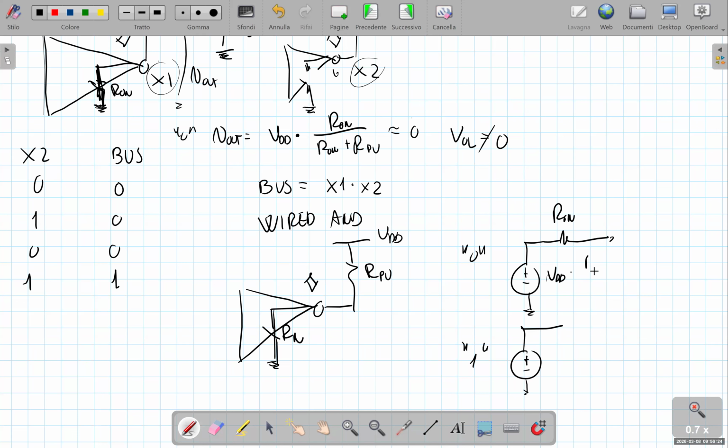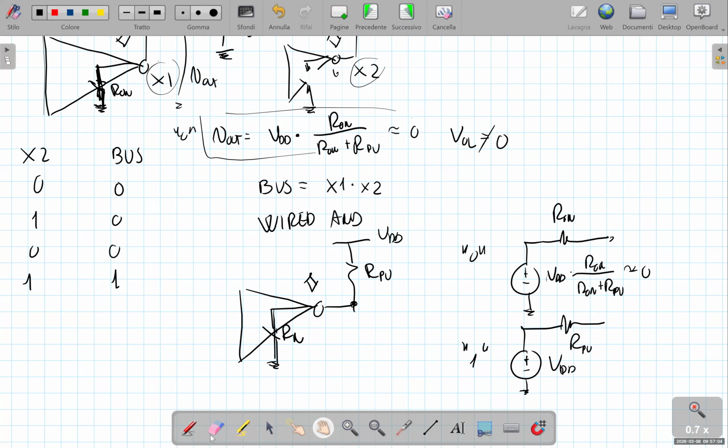At the high logic level, instead, the open circuit voltage is VDD, but the equivalent output resistance, when this is off, is the pull-up resistor resistance.